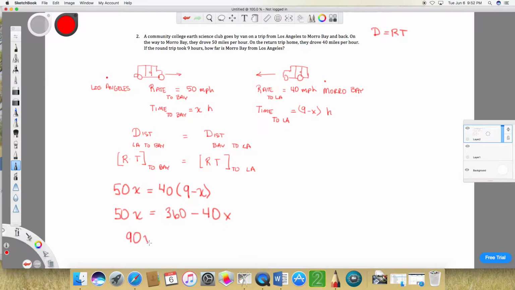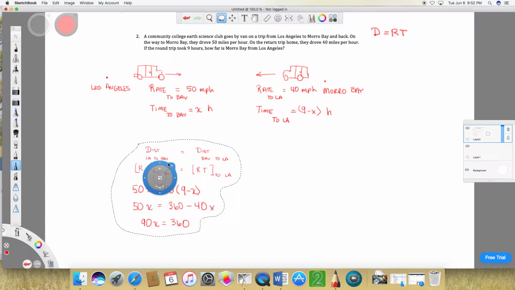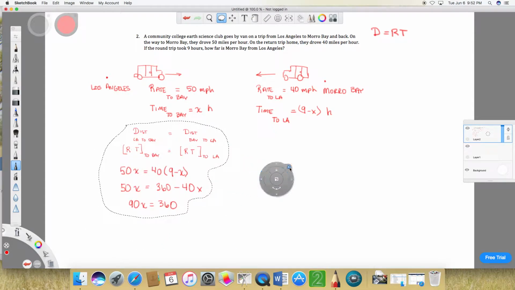So if I add 40x and shrink this up, and divide each side by 90, I get that x is equal to 4, and that's in hours, the length of time that it takes to travel from LA to the bay.